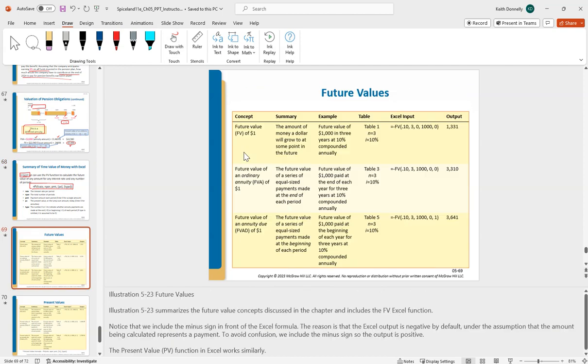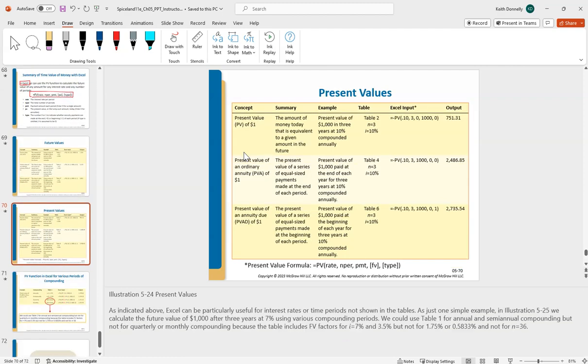They then give some examples here, a summary of future value, right? Future value of $1, an annuity, ordinary, annuity due, present value of $1, present value of an annuity, ordinary annuity, present value of an annuity due.